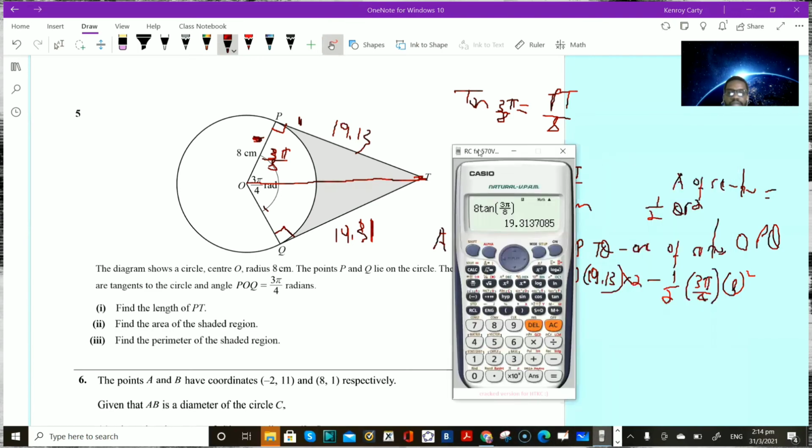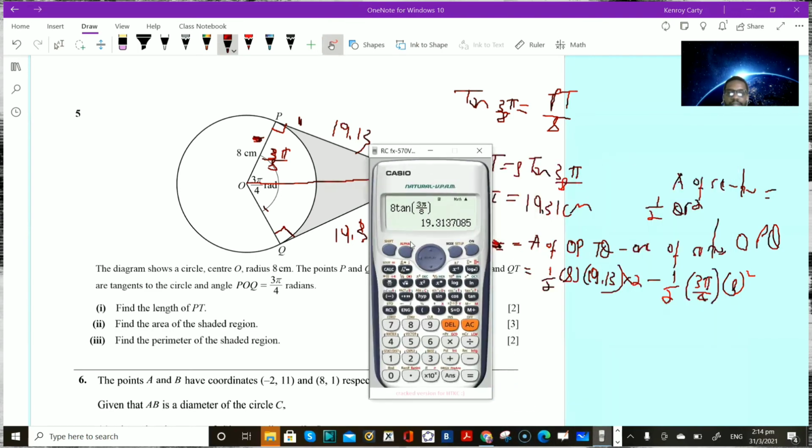All right, put it over here so you can see it. So I don't have to put in a half times 2 because I know that a half times 2 is 1 whole. So I just need to put in 8 times 19.13 minus a half times fraction 3 pi over 4.